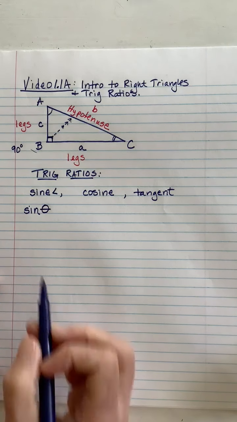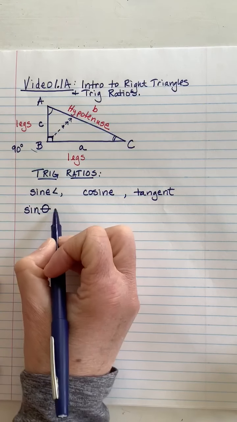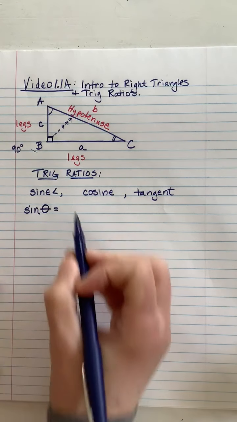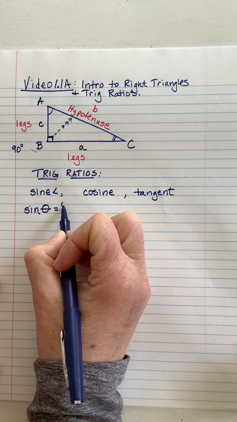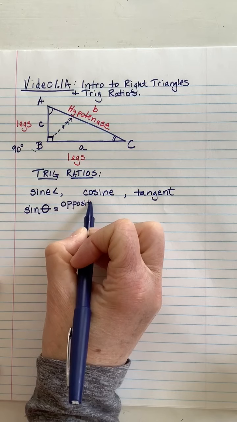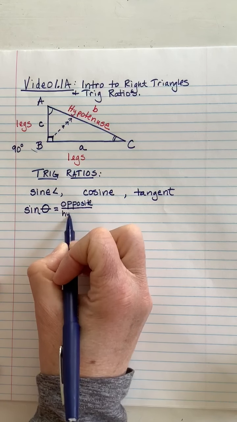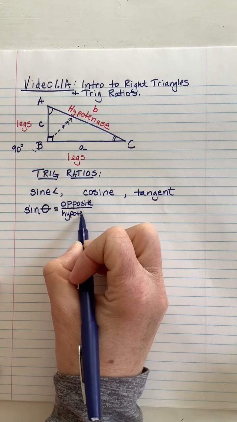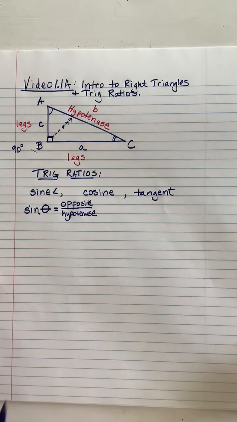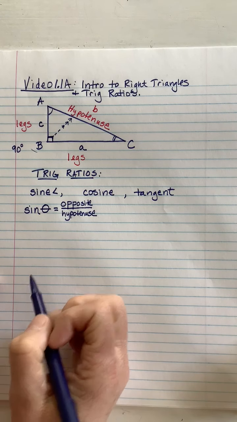Don't worry about that. It's just a variable used to describe an angle. So sine of an angle is going to be the ratio of the side opposite that angle divided by the hypotenuse of the triangle. I'm going to stick with sine for a minute so that you can understand a little bit more about what's going on.